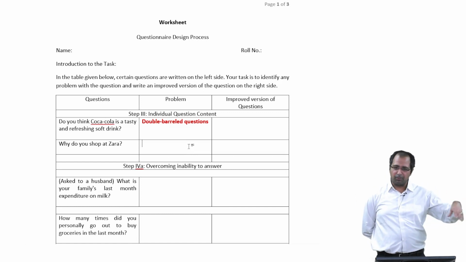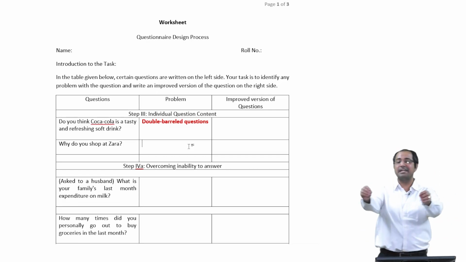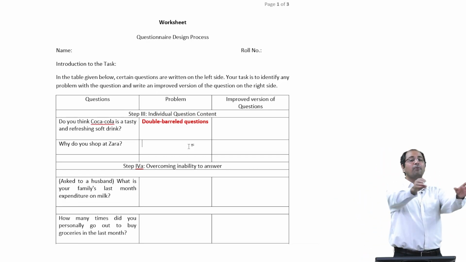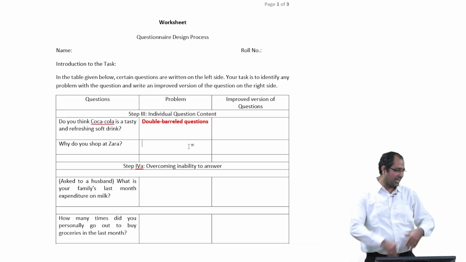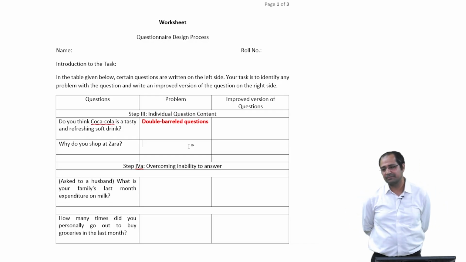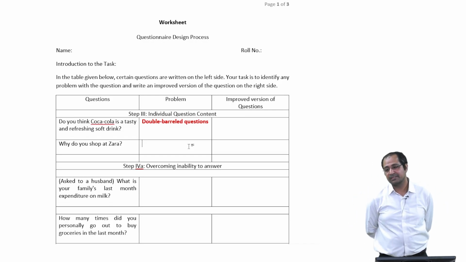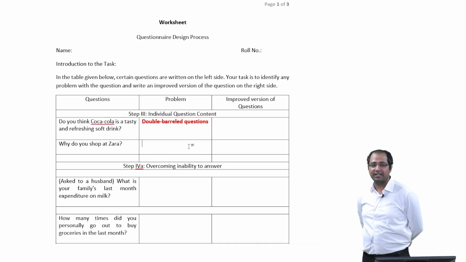The respondent might not shop at Zara, but let's make an assumption that we are speaking to a customer who shops at Zara. That is also a good observation, but since I wanted to bring some other point, it is a good observation. It is like that hidden issue questioning we did. They may give an answer, but the actual reason they shop at Zara may be different. That is also a very good observation.